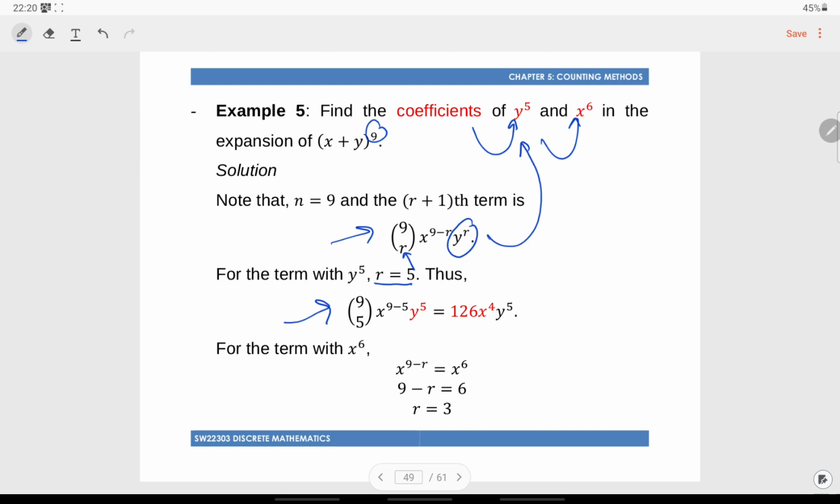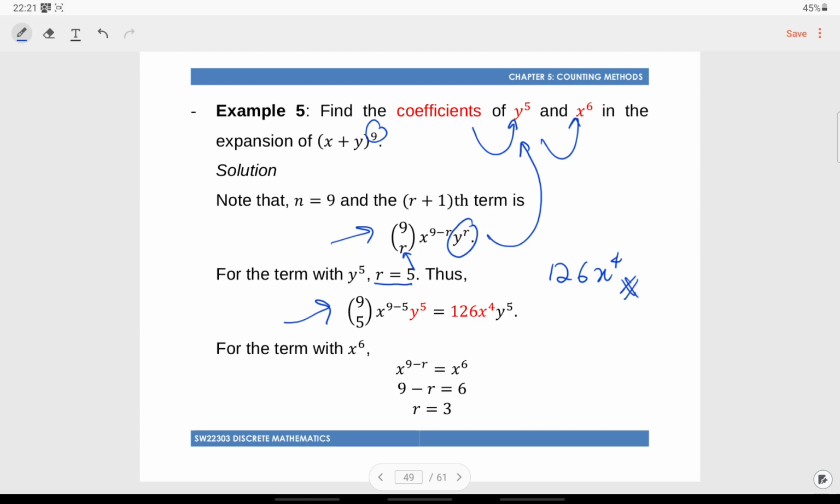So the answer for the first question is that the coefficient of y^5 is equal to 126 x to the power of 4. Because the question asks you for the coefficients, you have to give the coefficient. Okay, finished with the first one, we move to the second one.